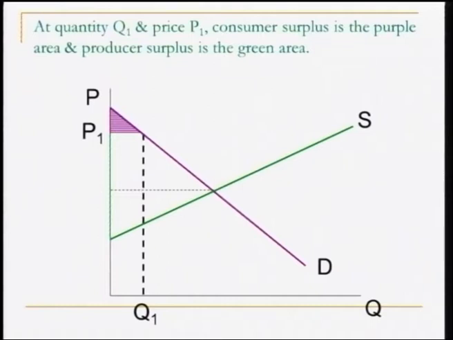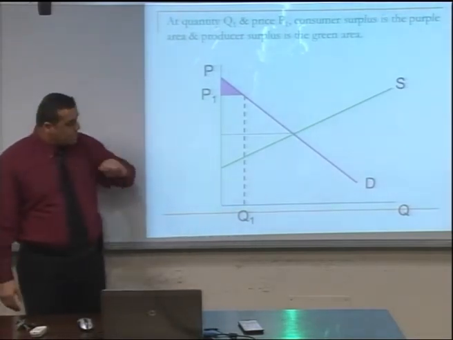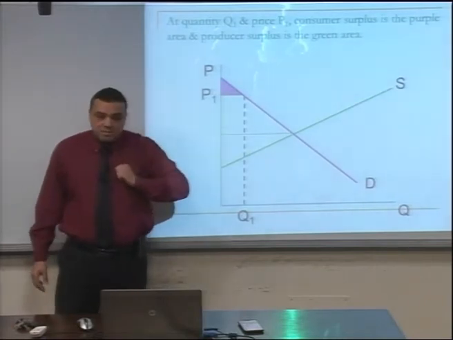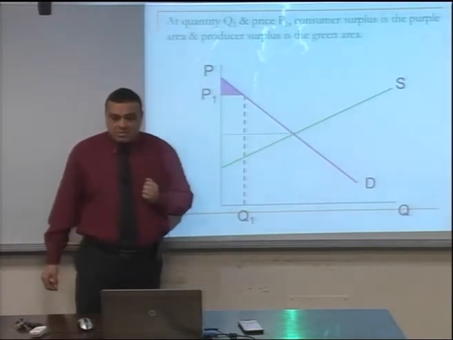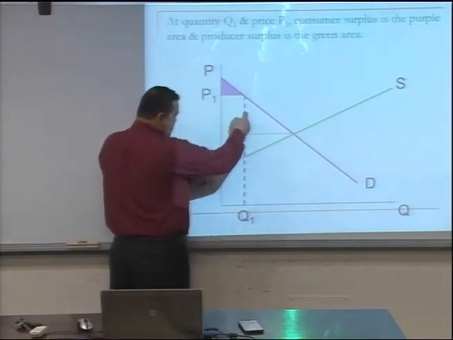Okay? As you see here in this graph, let us assume that the quantity equals quantity 1 and the price is P1, which is above the equilibrium price. Here is the consumer surplus. Where is the producer surplus here? The producer surplus will be the area here.